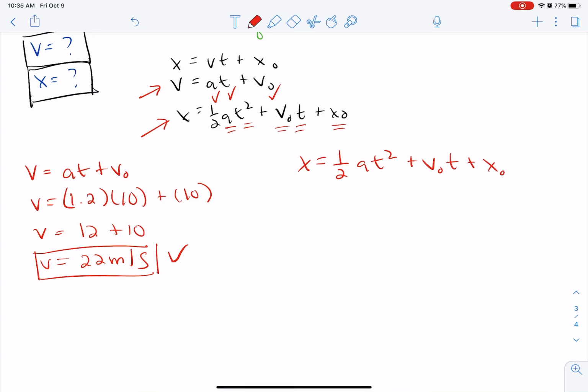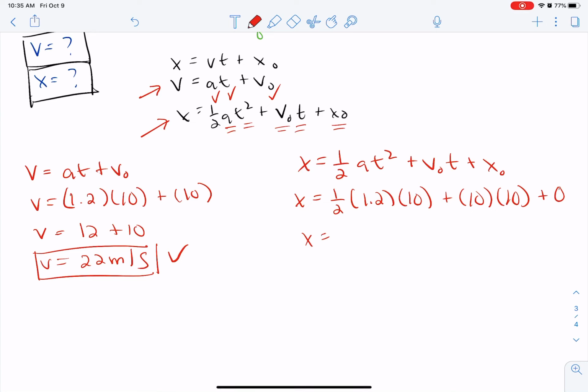Okay. So we have our acceleration is 1.2, our time is 10 seconds, our starting velocity is 10 meters per second, and our starting position is 0. Take a second to solve this on your own now. Let's do it together.